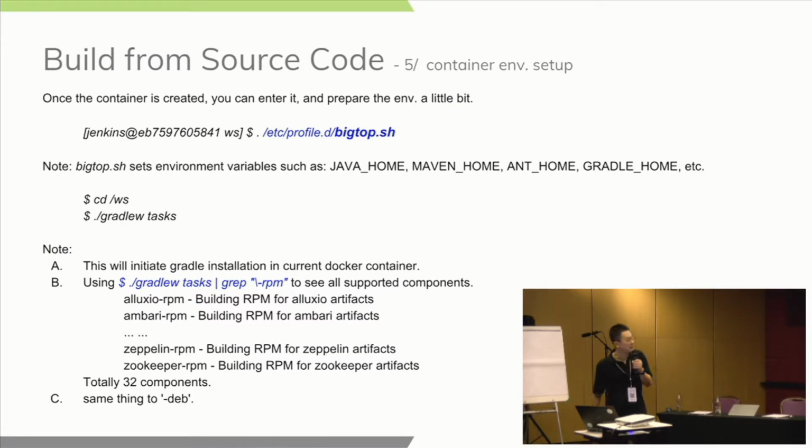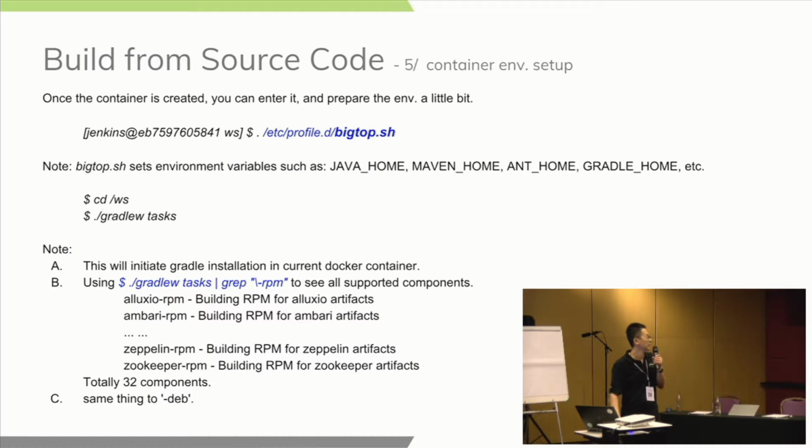Okay, so once your instance is started, you should set up your environment. A handy thing is Bigtop already provides such a file, so you can run it directly like this: /etc/profile.d/bigtop.sh.